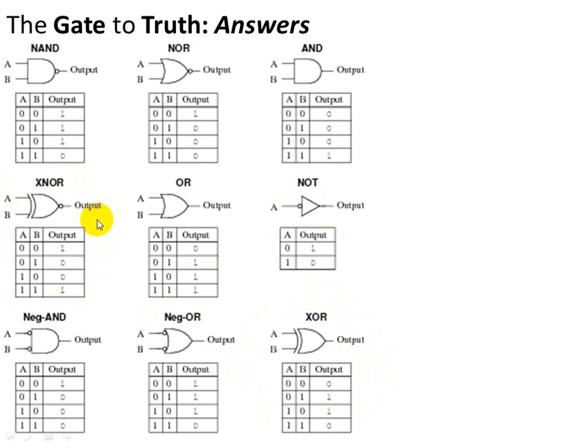Try remembering what that one's all about, and that one, just in case they throw a complicated one at you. But if you can remember the simplest ones, the NAND, NOR, AND, XNOR, OR, NOT, those are the main ones.